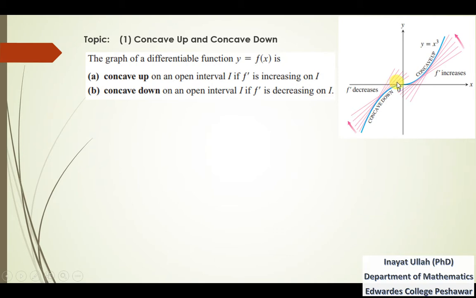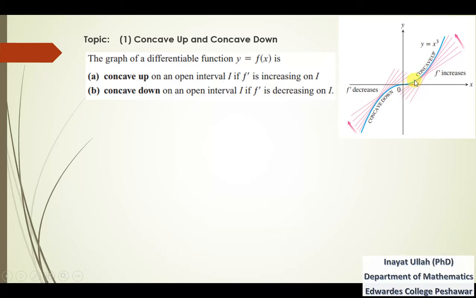So if we go forward on this graph and draw tangents, the slope of all those tangents decreases. It means that f prime decreases. So whenever the portion of the graph is concave down, the derivative of the function will be decreasing in that portion.